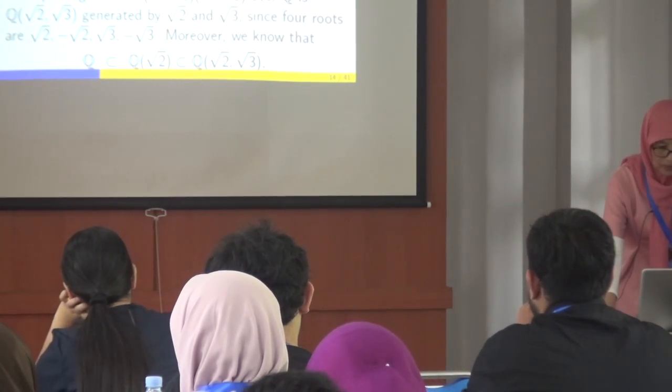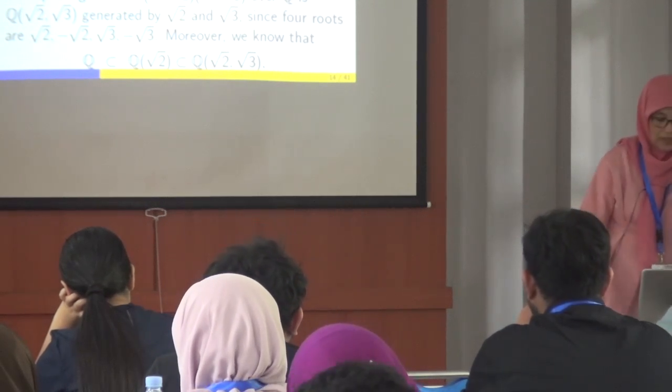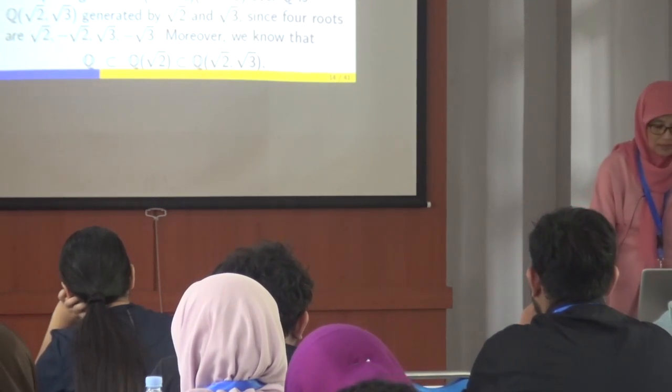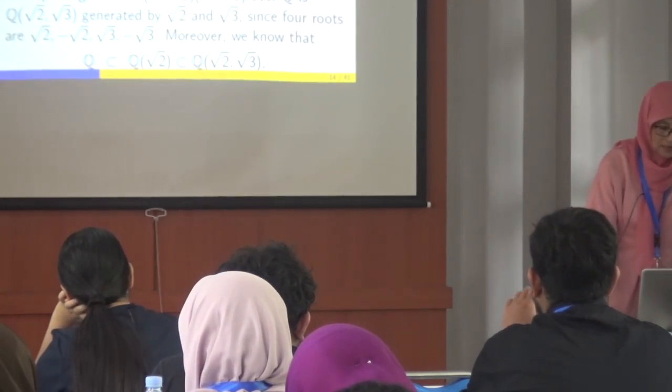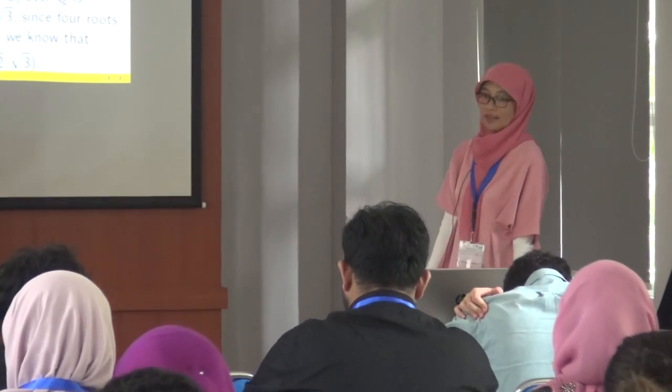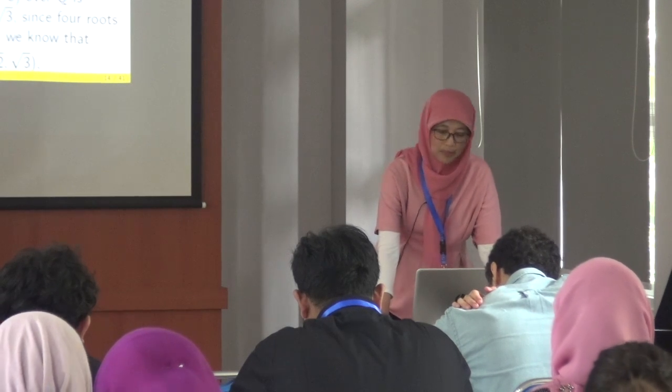Okay, this is the theorem for any field F. If you take some polynomial in F[x], then there is an extension K of F which is a splitting field of f(x). So the splitting field always exists, and it is unique up to isomorphism.